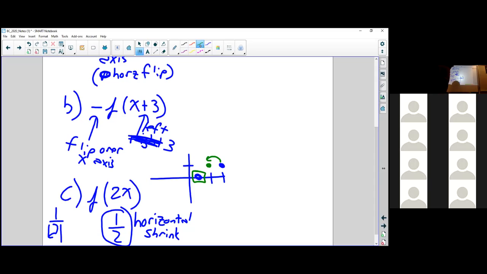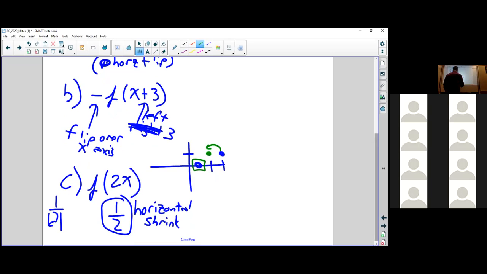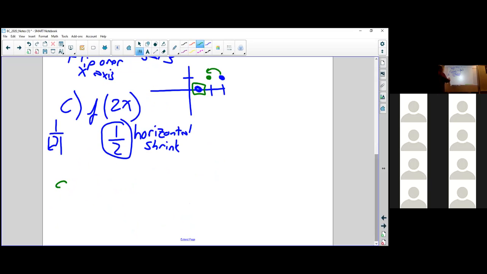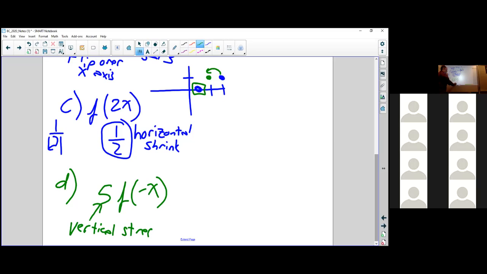Letter D says we have 5 f of negative x. Is that right? Am I looking at it right? So this 5 means you have a vertical stretch of factor 5.